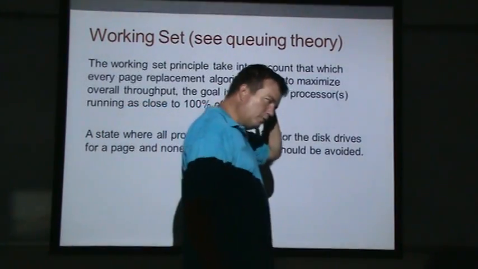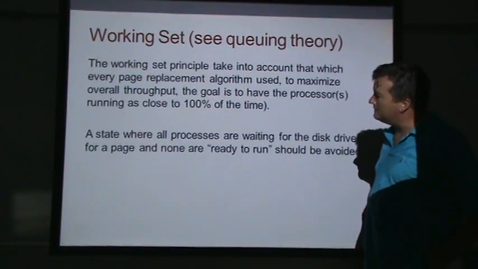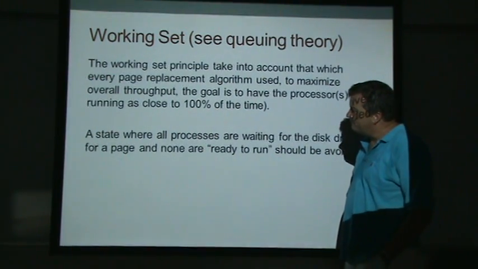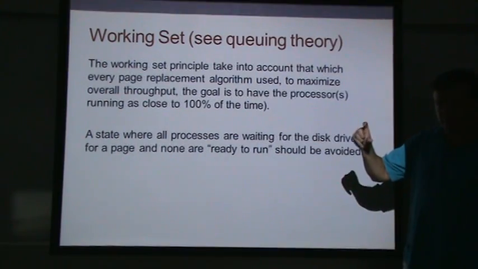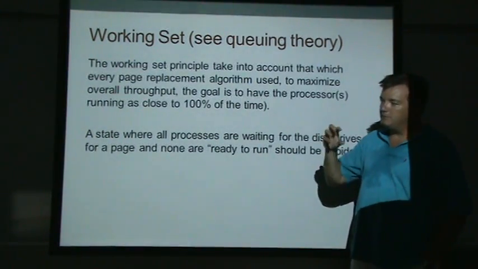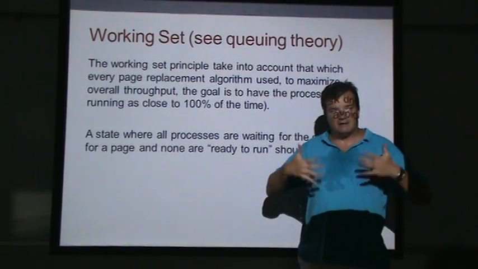And then the idea of the working set, we'll talk about this more when we talk about queuing theory. But the working set principle basically says, when a process is running, if it hits a point where it has a page fault, you reference a page that's currently not in memory.